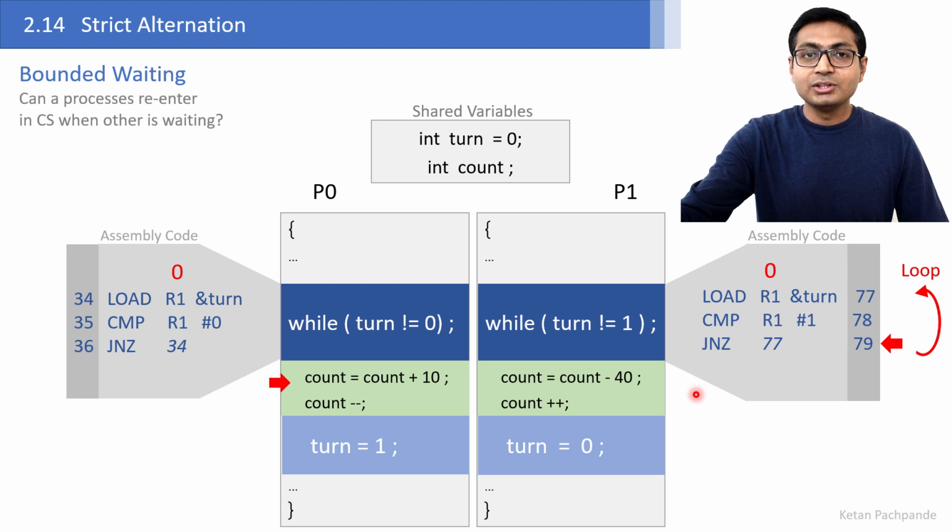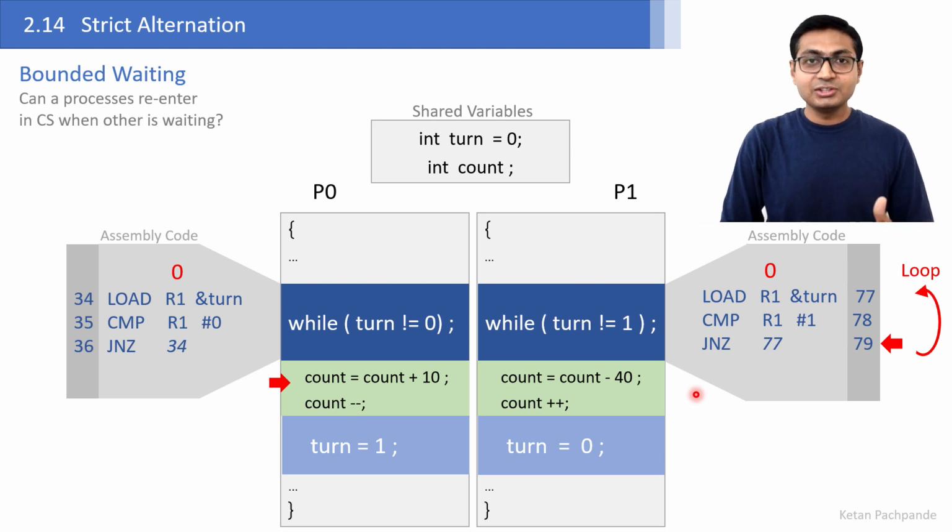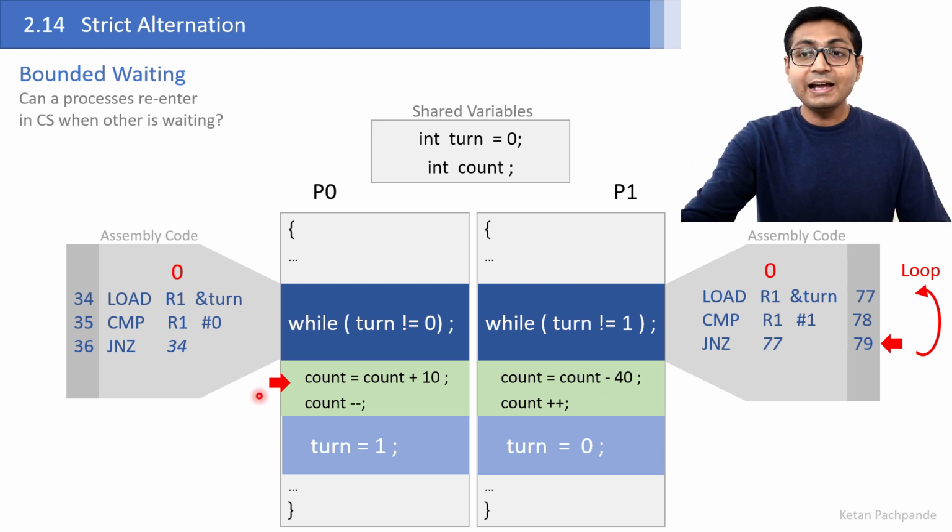Now here is the situation. One process is in the critical section and one process is waiting in the entry section. Now we have to ask the question to the process which is in the critical section: can you re-enter into the critical section or not? So let me again come back to process P0 and proceed. Process P0 comes to the exit section and sets the value of turn to 1.